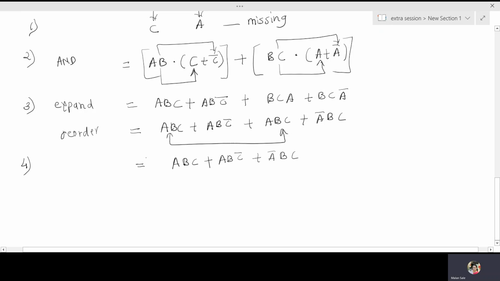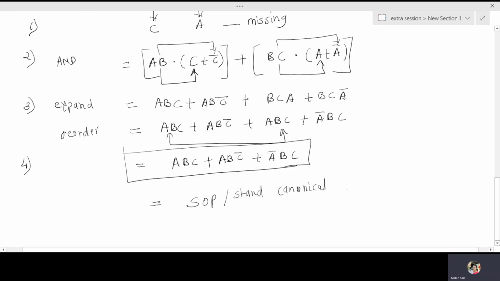Now after performing all these 4 steps, my expression is containing all the literals in each product term. ABC, ABC bar, A bar BC and so on. And this expression is in the standard or the canonical form.